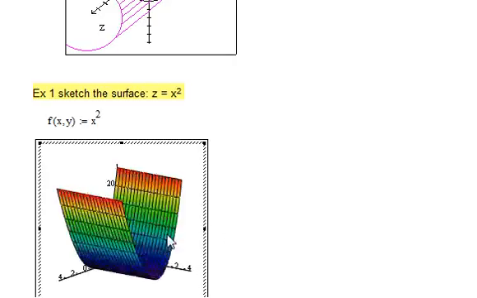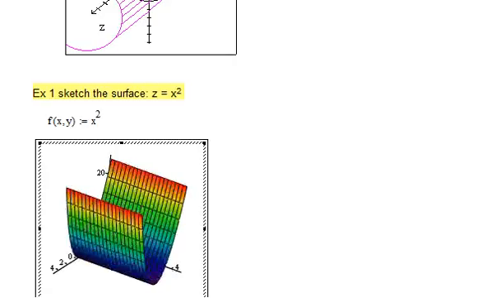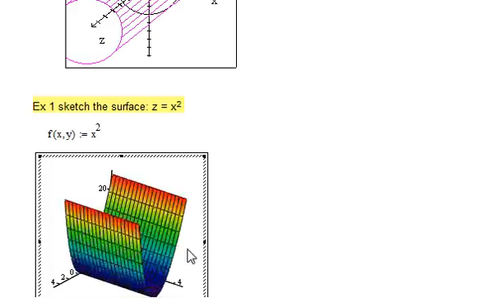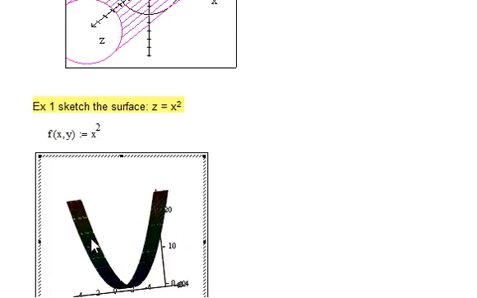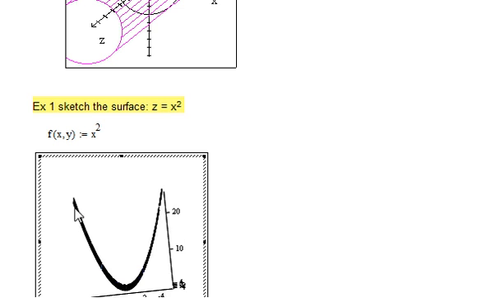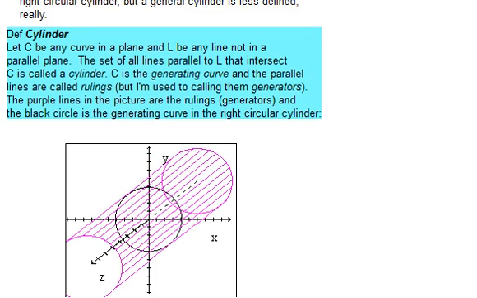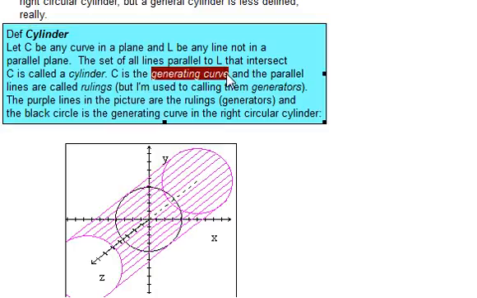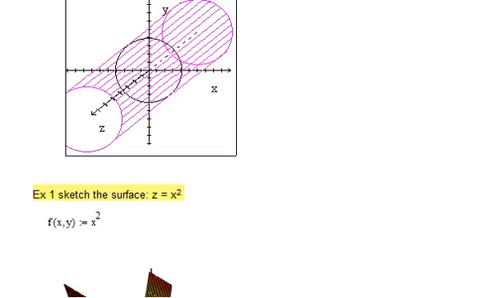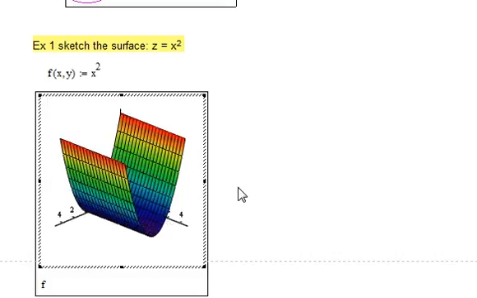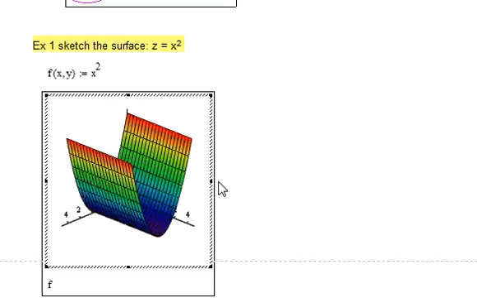But when we have three variables, actually, these lines that you can see going across there are the generators, and the graph of the parabola, y equals x squared, is the generating curve. So the parabola is the generating curve, and these lines are the generators, and that makes our surface.